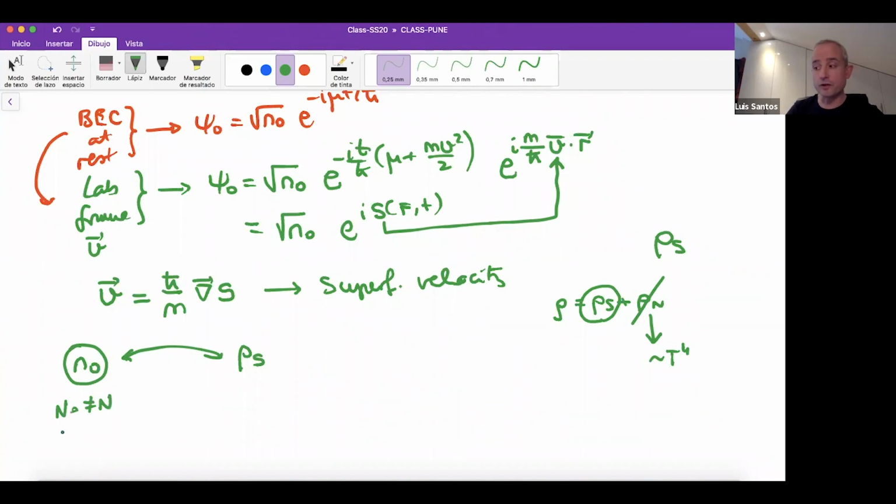When the system is strongly interacting, you may have a superfluid fraction of 100% at 0 temperature, whereas the condensate fraction is much, much smaller, for example in the case of helium. So the condensate fraction is not the same as the superfluid fraction. But what is true is that the superfluid velocity is related to the gradient of the phase of the condensate. So it is important to have the condensate, but the superfluid fraction is not the same as the condensate fraction.